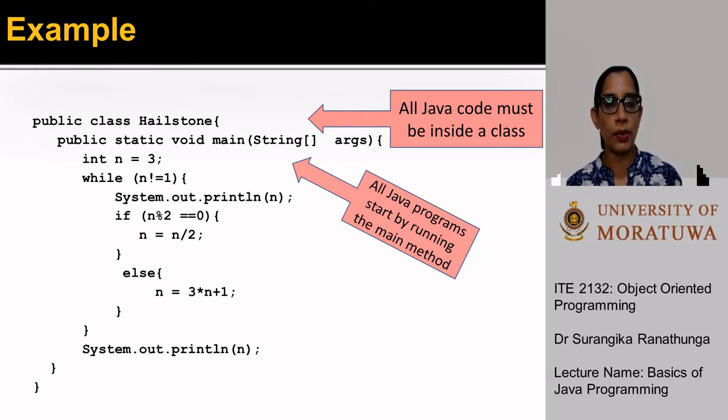So whatever program you write, at least it should have one class, and there has to be this public static void main method inside one class. So here now we have packed our Hailstone sequence logic inside the public static void main. You can now try writing this code and see whether it works for you.